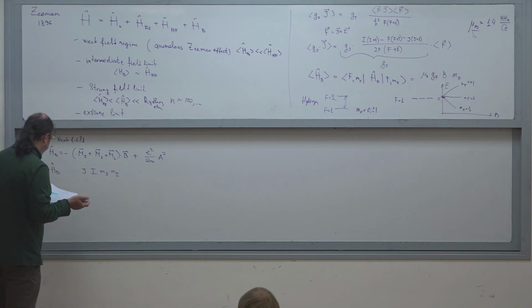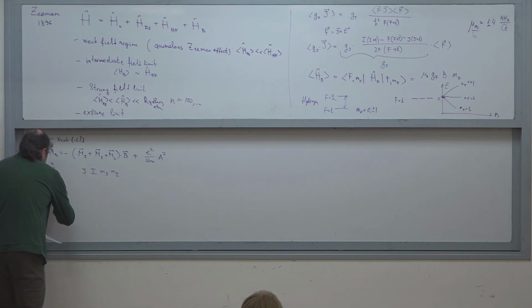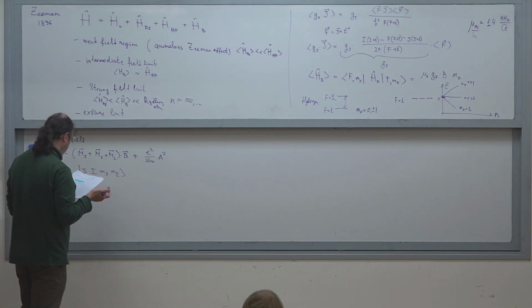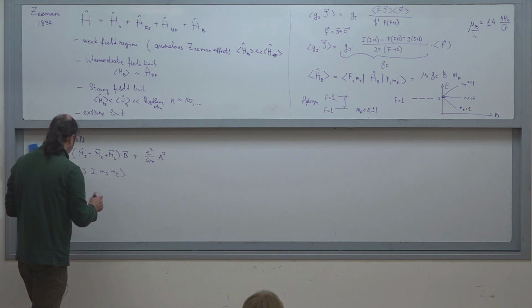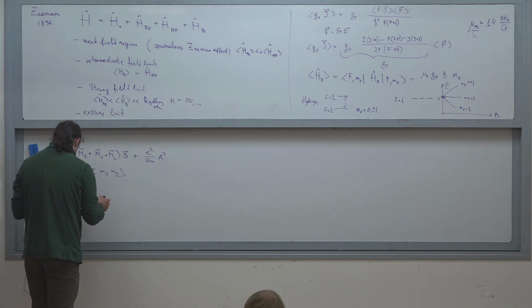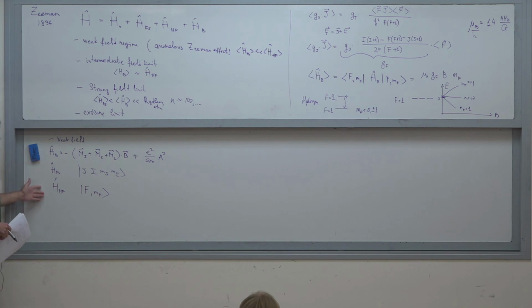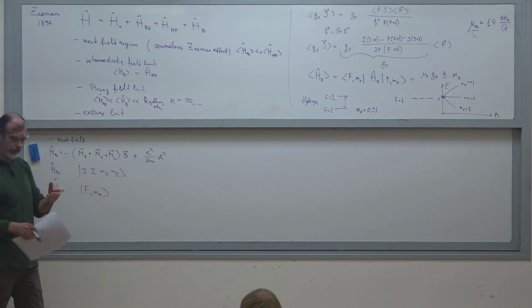Now the hyperfine part of the Hamiltonian, the good basis for that is the basis of F, M_F, right? This we know. So these two parts live in different basis spaces, and we need to connect them.